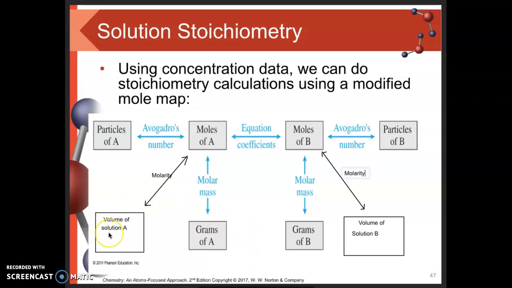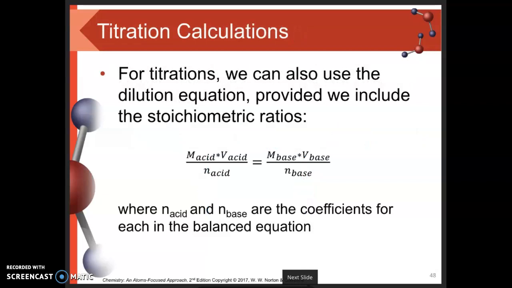If we can keep that consistent, then we can very easily go between molarity of one solution and molarity of the other solution, which is usually what we're trying to find in titrations. And so this skipping across the middle, which usually does not happen in stoichiometry, can happen in titrations, and it does so using something we call the titration equation.